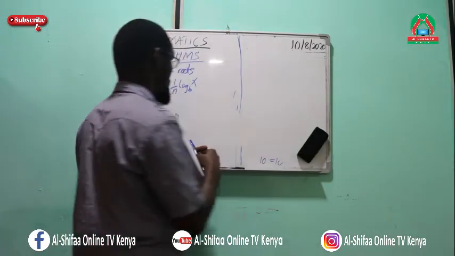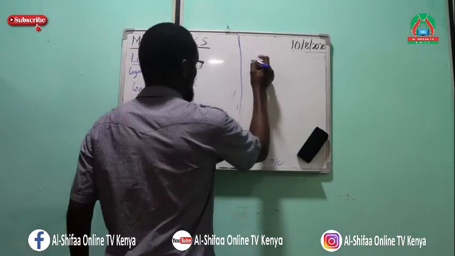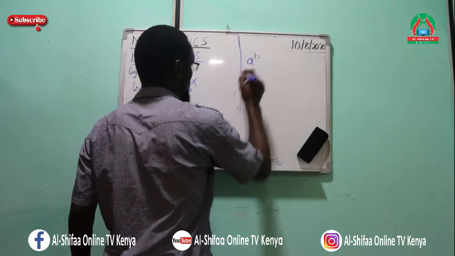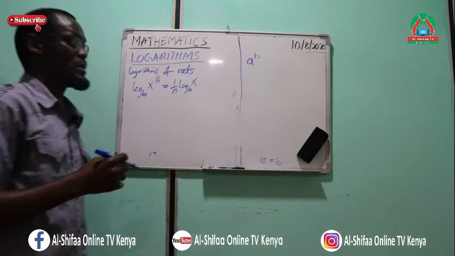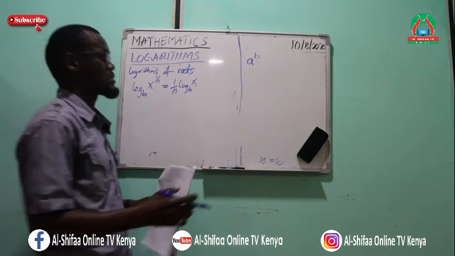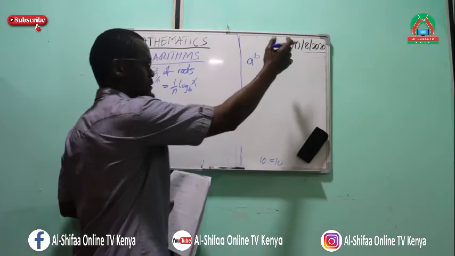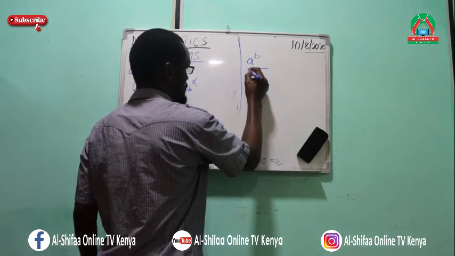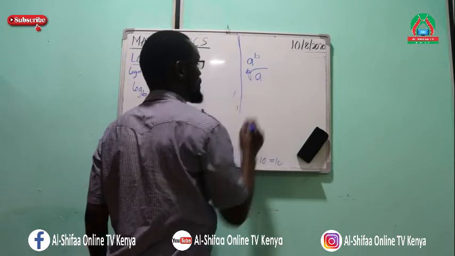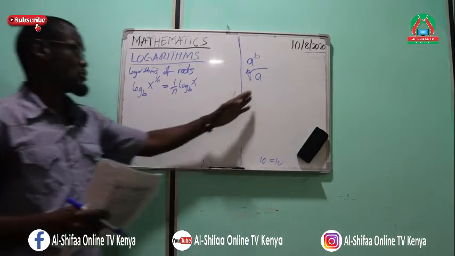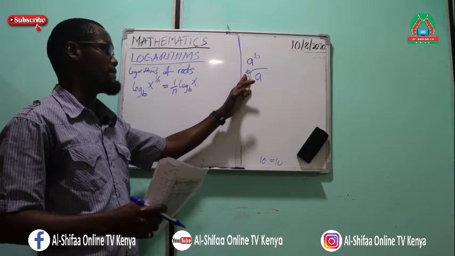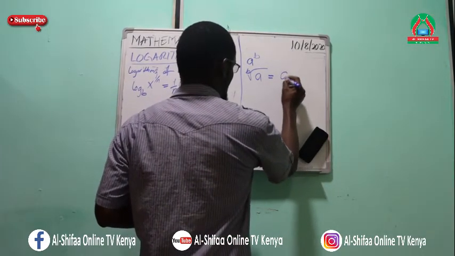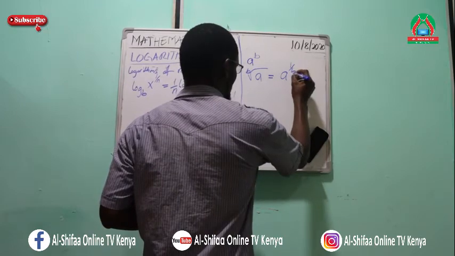Here we know that when a number is written, for example, a power, it means a power, but when represented as a root, a to the root b, this can also be represented as a to the power 1 over b.